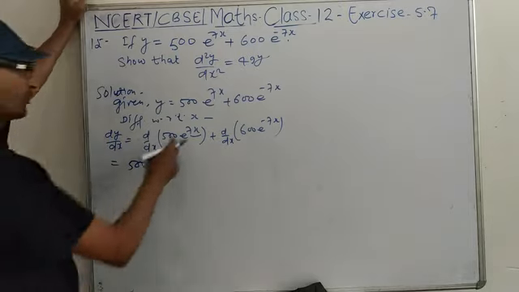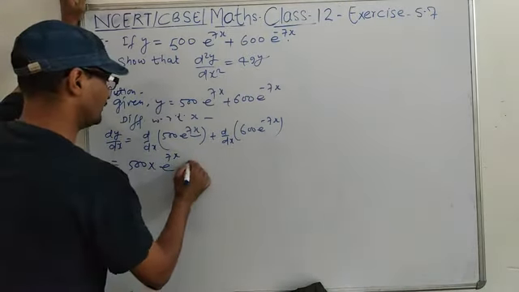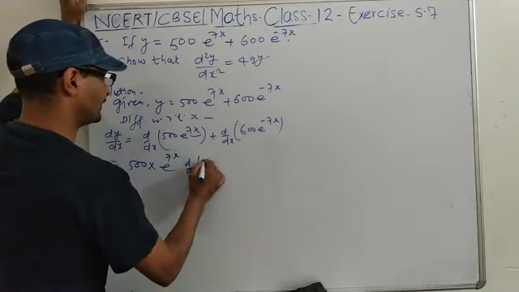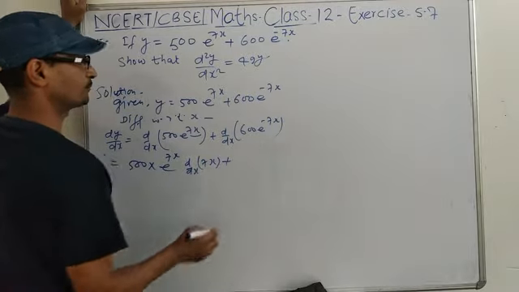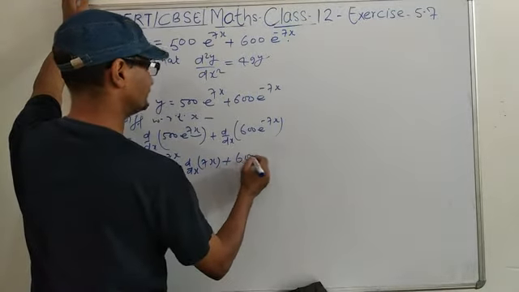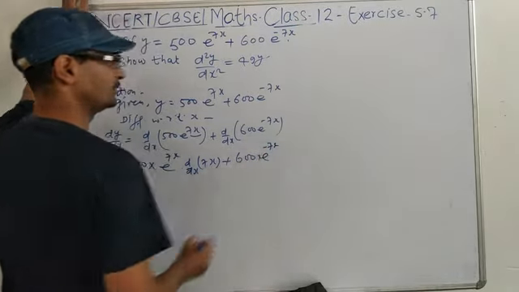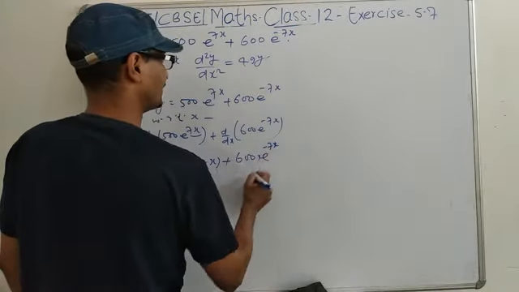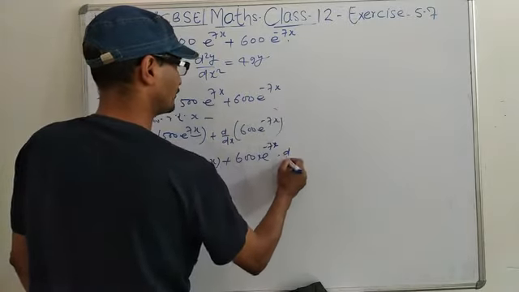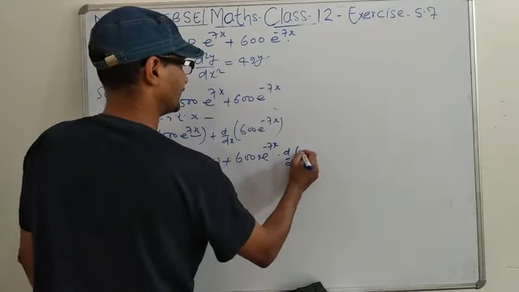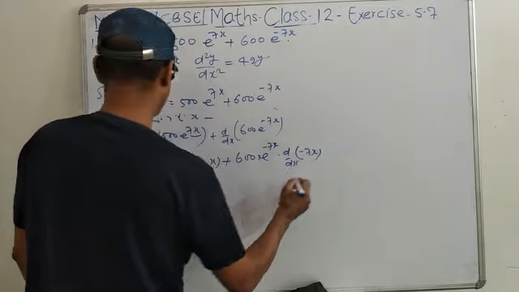So because it is not x, again इसका डेरिवेटिव निकालेंगे 7x. Just the same, 600 is constant, e to the power minus 7x, और इसको x अपोज किया तो इस फंक्शन का फिर करेंगे डेरिवेटिव माइनस 7x.